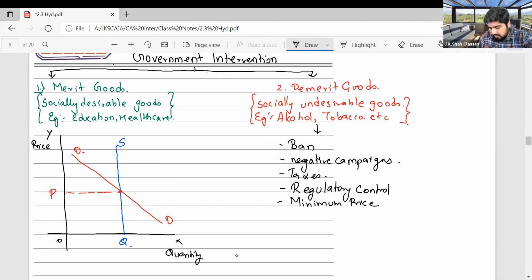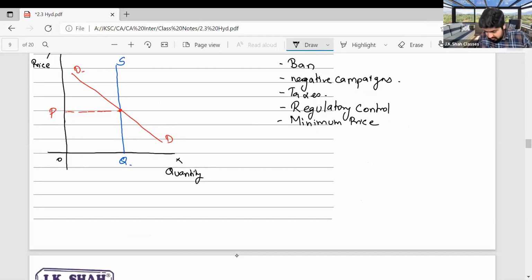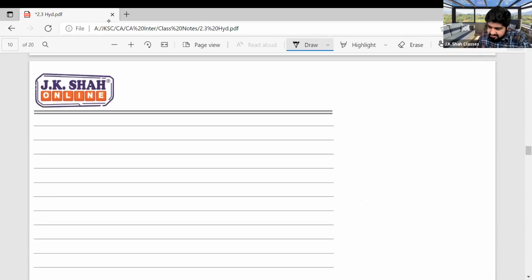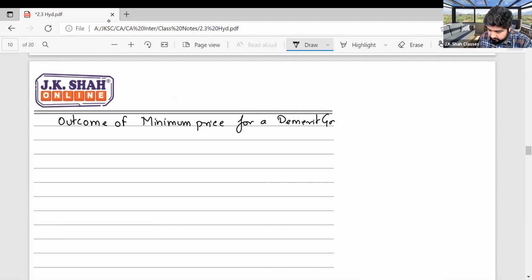If you have proper space here, you can make it there. No problem. If you don't have space, just give another heading the way I am doing. It is outcome of minimum price for a demerit good.